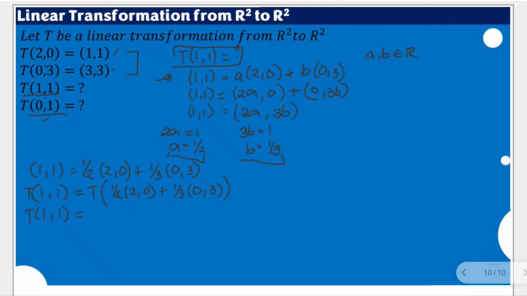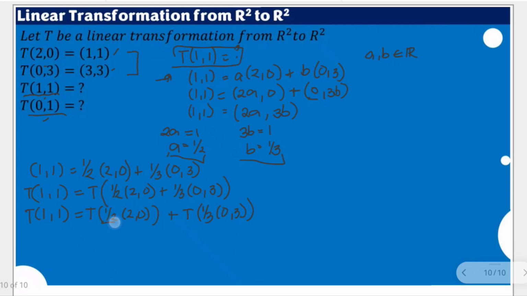So if it's a linear transformation, the transformation of the sum is equal to the sum of the transformations. So you have the transformation of 1/2 (2, 0) plus the transformation of 1/3 (0, 3). This is the idea or the definition of linear transformation.